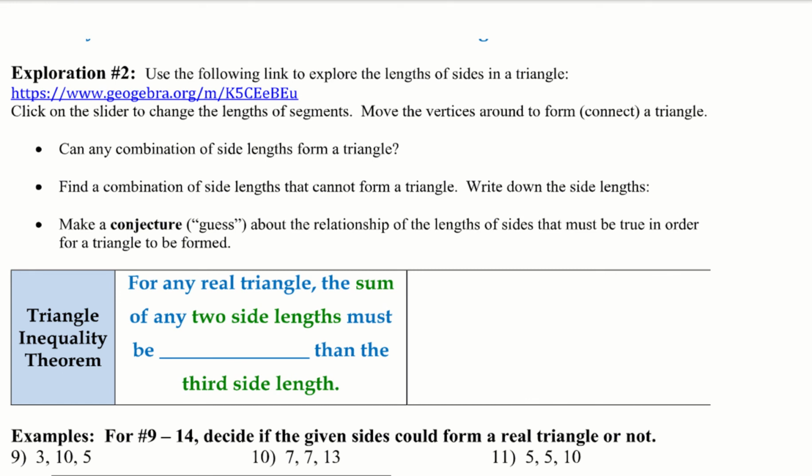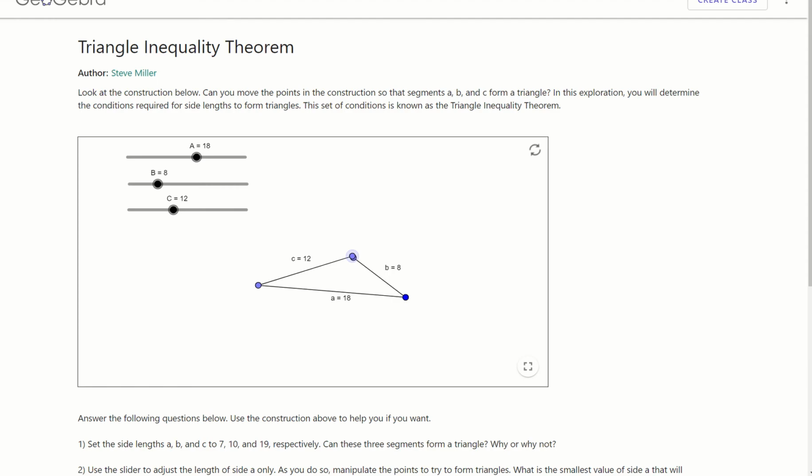So whatever that third side is, the other two sides, when you add them together, have to be greater. So I'm actually going to go back, what were the side lengths? I think it's like 8 and 3, right? So 8 and 3, if I add 8 and 3 together, that's 11, which is not greater than 18.